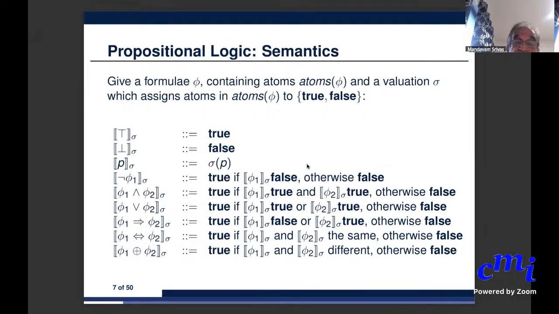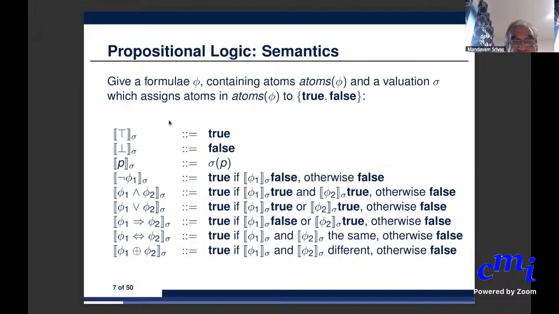That's why these truth assignments to formulas are parameterized with respect to this valuation sigma, which maps each propositional variable to true or false. Here, true and false are the logical truth values, which are distinguished from the syntactic constants top and bottom.